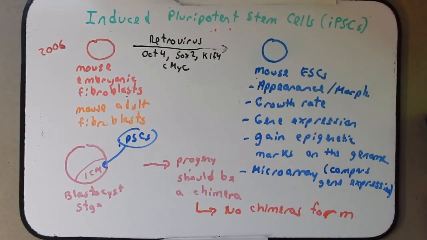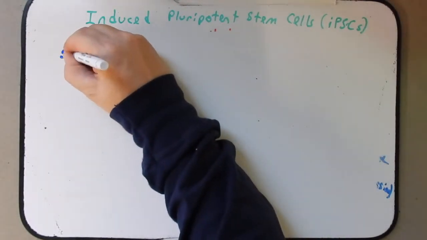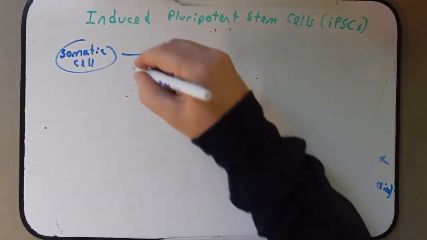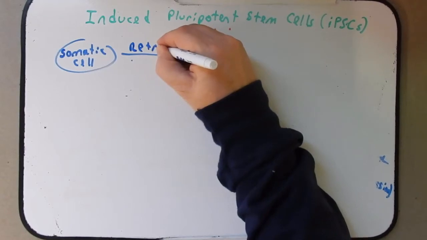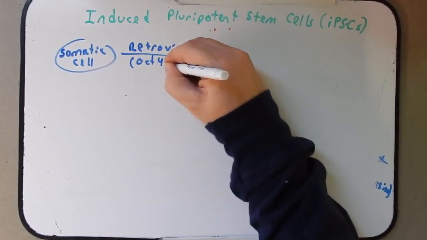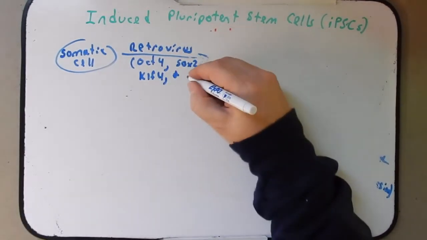So this original group, as well as some other groups, went back to the drawing board to see if they could generate a more stable iPS cell. So essentially what they did next was they would take this somatic cell and add to it the same genes as before in the retrovirus, so still a retrovirus. So it contained OCT4, SOX2, KLF4, and c-MYC.